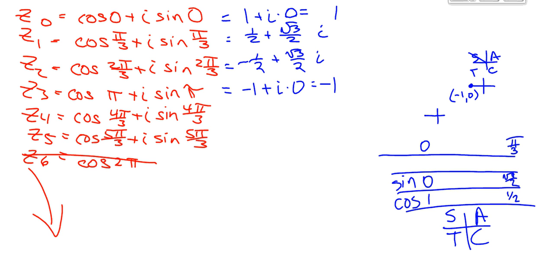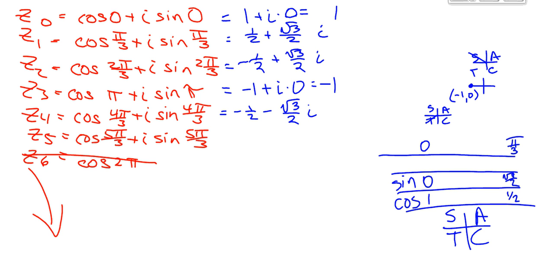Think about where that is. That's down here. All students take calculus. What's true about sine and cosine in that quadrant? Both negative. And so we know what cosine and sine are. So it's -1/2 minus square root of 3 over 2I.